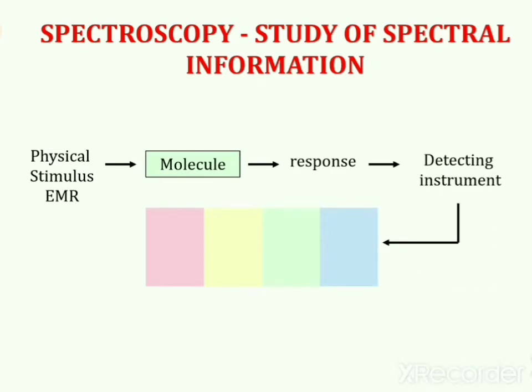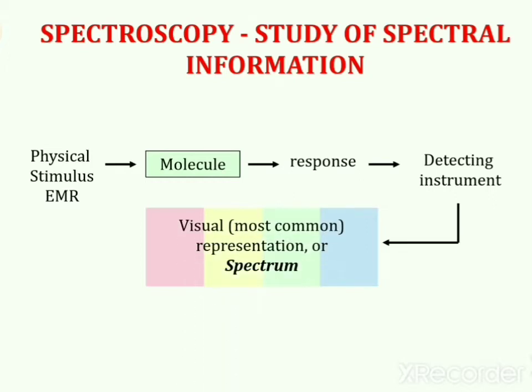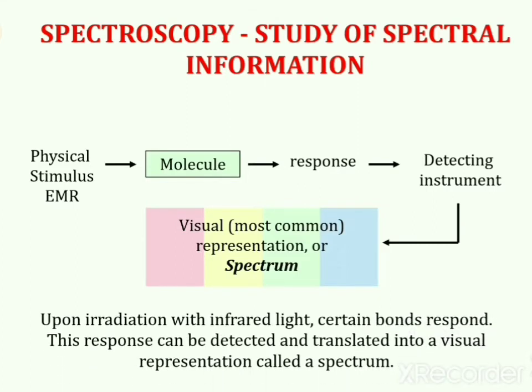The detecting instrument detects that response and generates a spectrum. A spectrum is a visual representation of the various structural properties of the molecule. So, the study of this spectrum is the base of spectroscopy.